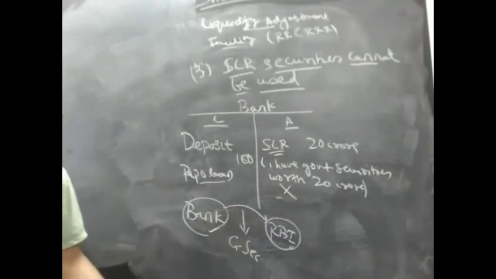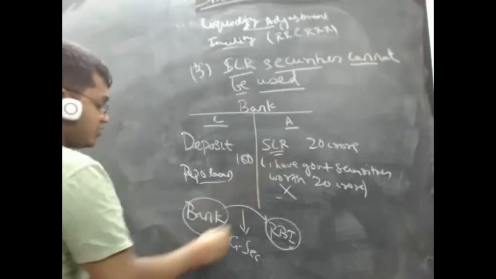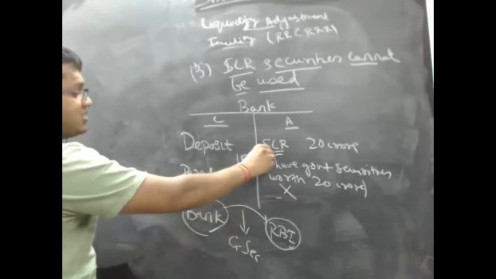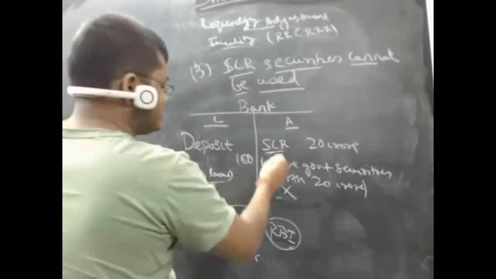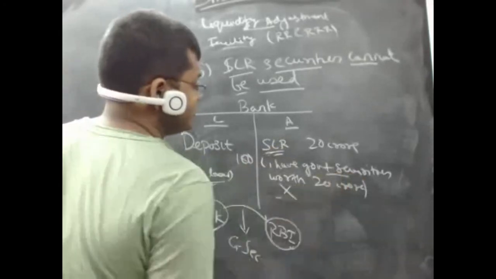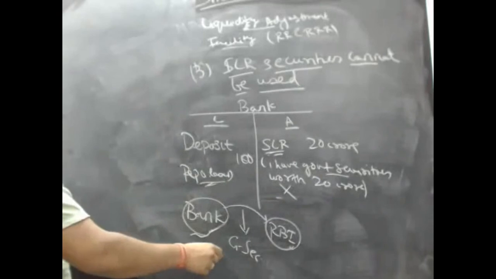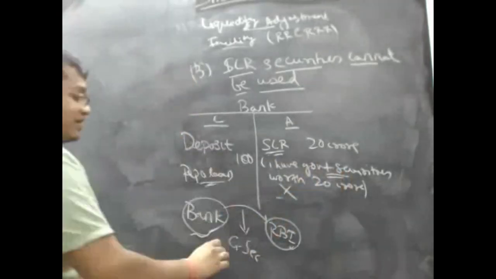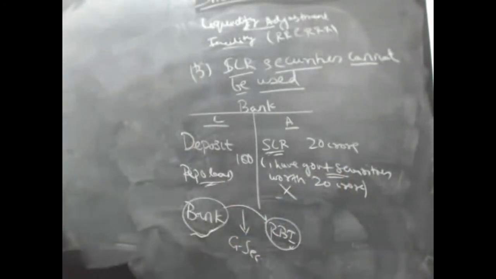When you made investment under SLR, you purchased government securities. Now you cannot use that same security to get the repo loan. These securities will remain intact. You need to have more government securities to get the loan from RBI. Is this clear?